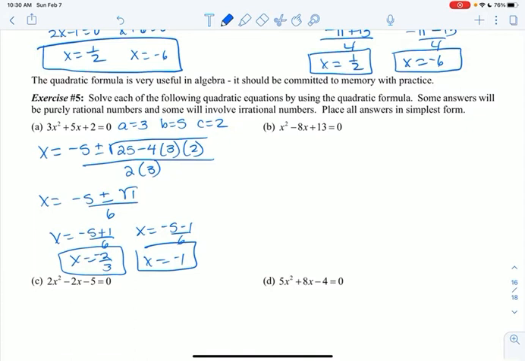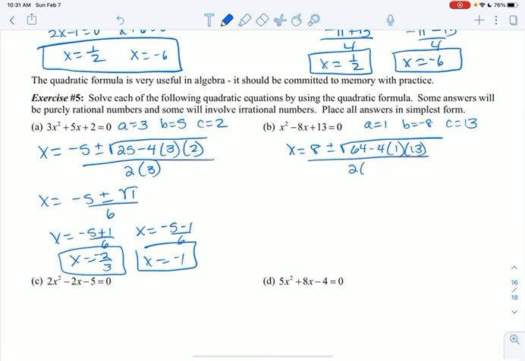X squared minus 8x plus 13, I can't factor, so you're going to see my answer will have a radical in it. So A is 1, B is negative 8, C is 13. So x equals negative b, so that's going to be positive 8, plus or minus the square root of b squared, negative 8 squared, and that's 64, minus 4, a is 1, c is 13, over 2 times a, which is 1.